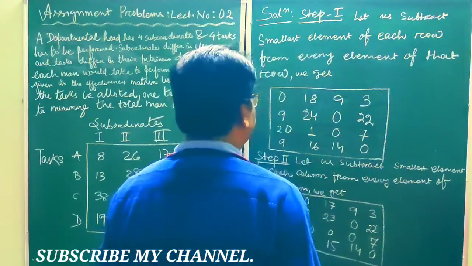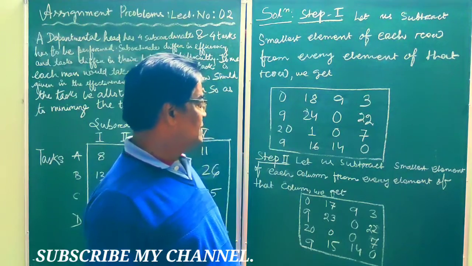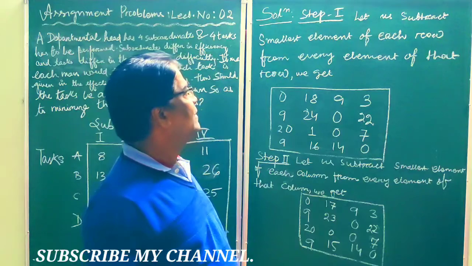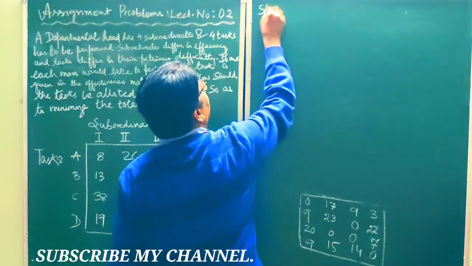So now let us have single zero assignment row wise, then column wise. So step third.